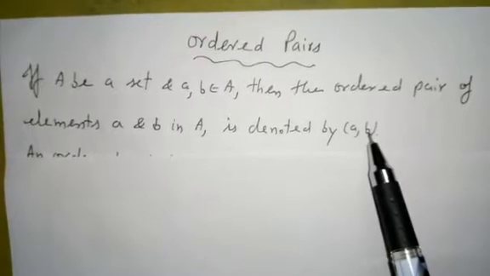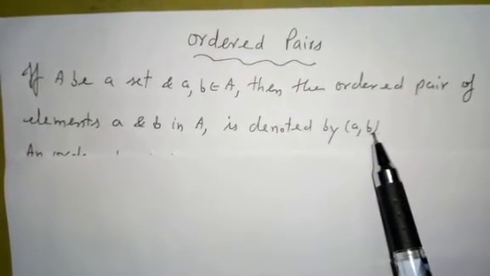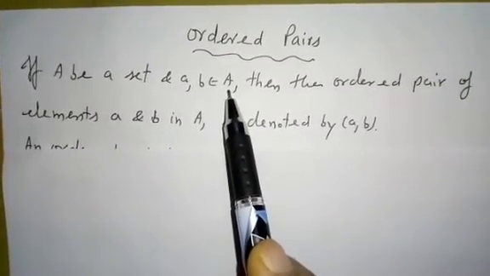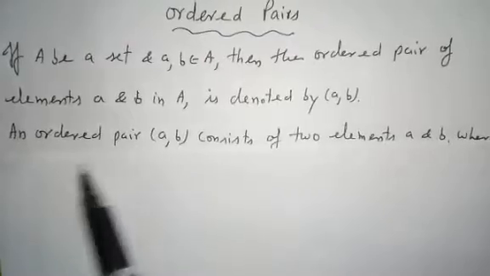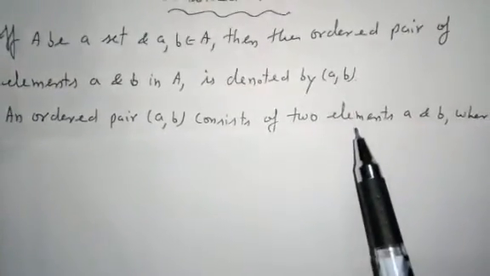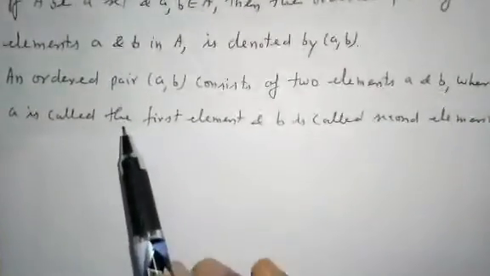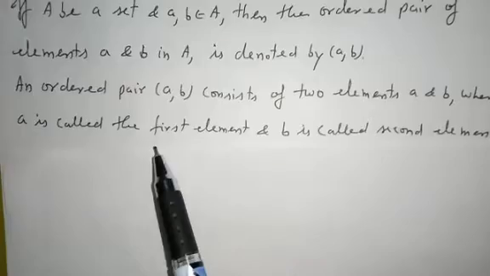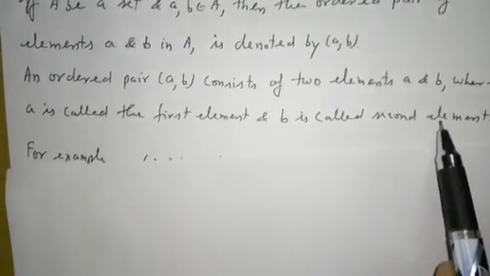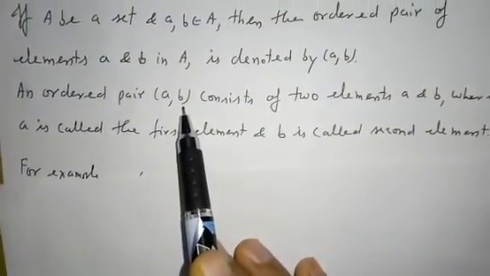This is the way to note down an ordered pair, where a and b are both elements of a given set capital A. An ordered pair (a, b) consists of two elements a and b, where a is called the first element and b is called the second element. This is the first element and this is the second element.